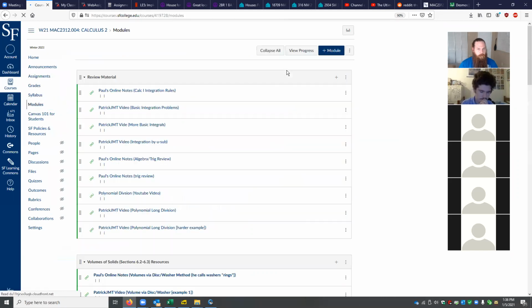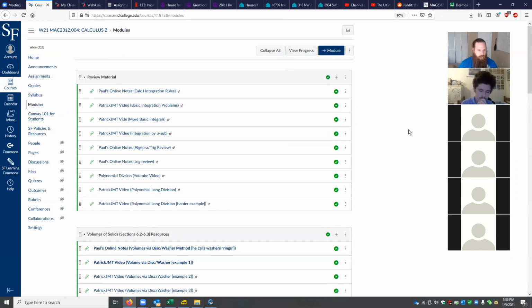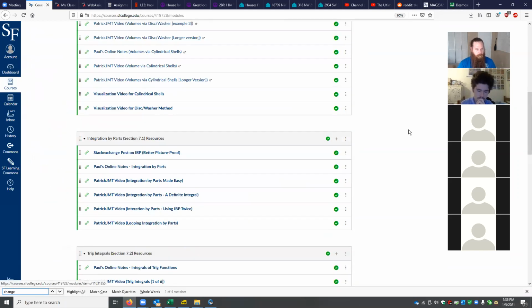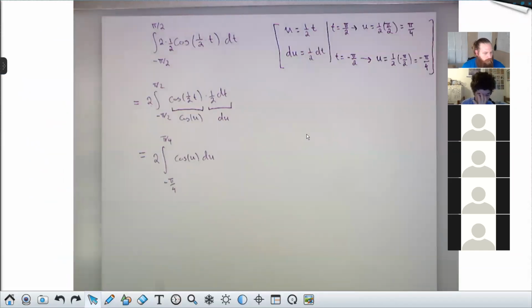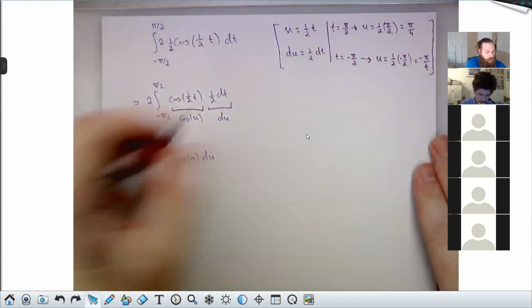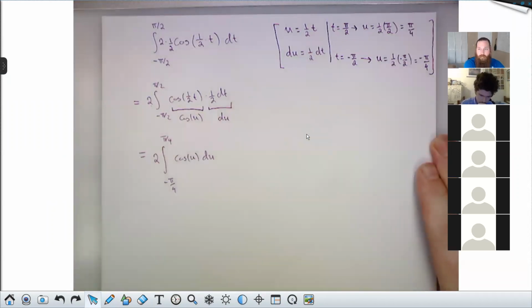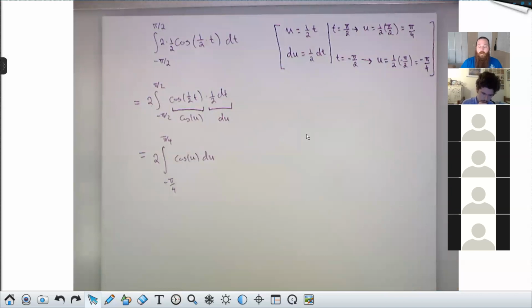So there's a good stack exchange page, changing bounds. Okay, I'll find it and put it in your modules there. There's a really nice stack exchange page that discusses why you need to change the bounds. But basically, it's because it's a new function. You're changing the variables. So we have to change the old bounds, which were values of the old variable, into new bounds, which will be values for the new variable.